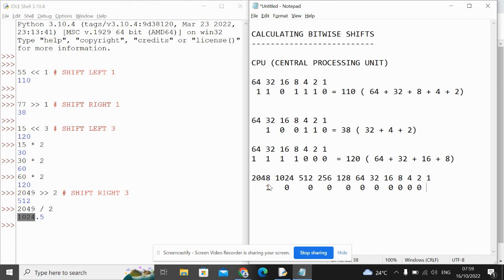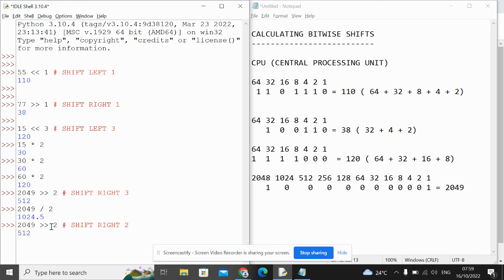This is the binary representation, binary number 2049. What happened in this case is, I wrote shift right 3, but what we actually did was shift right 2. What should we do? Let's do shift right 2 instead. Can you see why it would be 512?